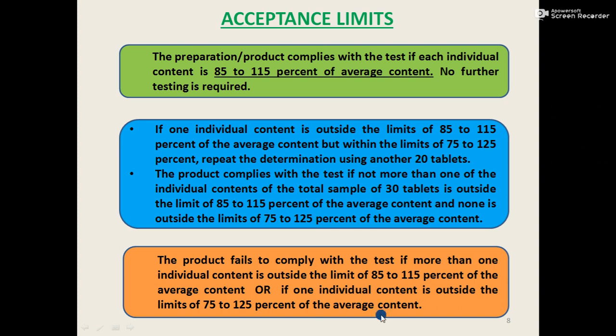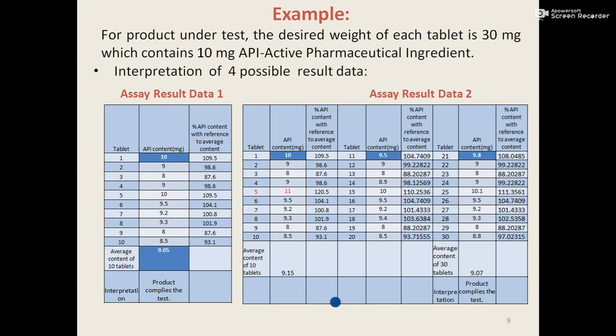So based on this information, let's see how we can interpret the variety of possible data given in this example. Here I have assumed that for the product under test, the desired weight of each tablet is 30 mg, which contains 10 mg active pharmaceutical ingredient.